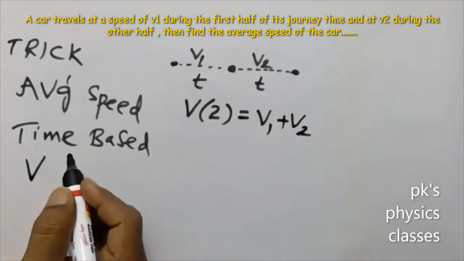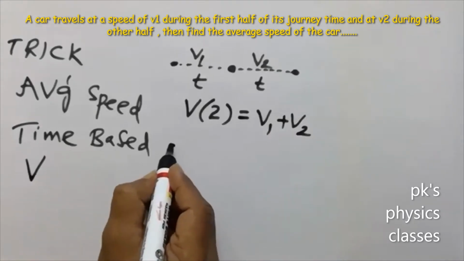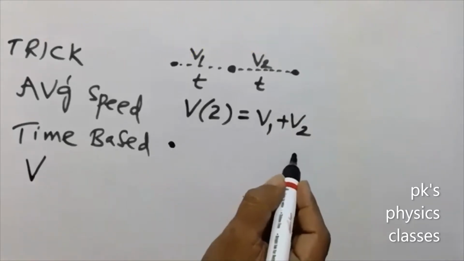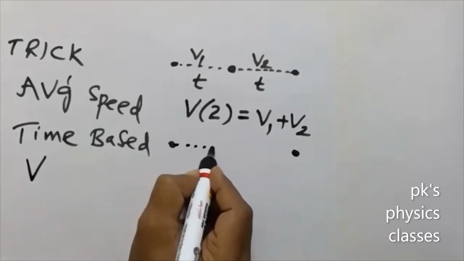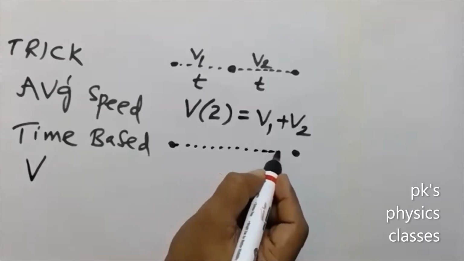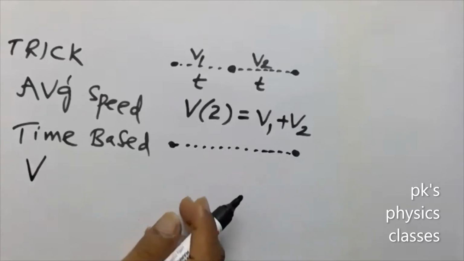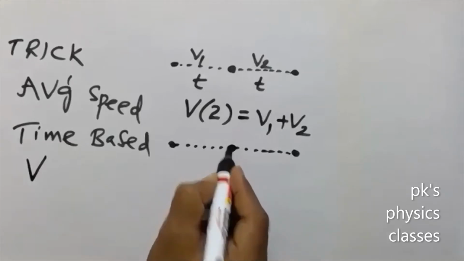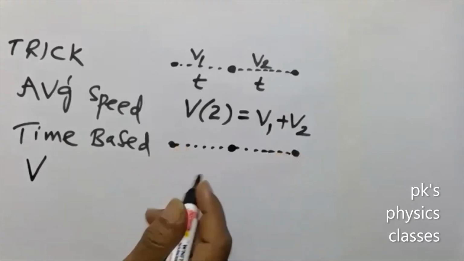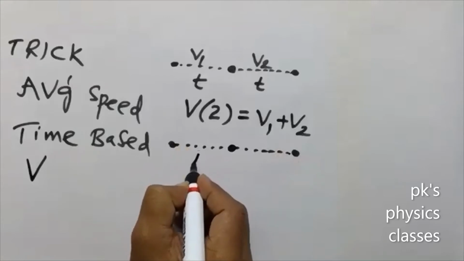Next, let me extend the scenario into a little bit more complicated one. This is the total time duration of the journey. Again, we divide this into 2 parts, this part we call t.